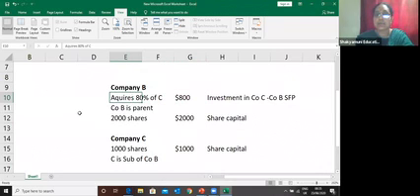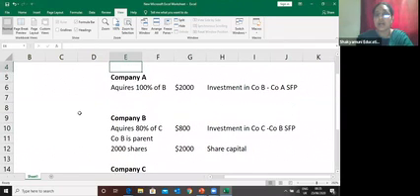Since it is held by company B, it is said to have control over company C. That is the reason why company B is a parent, company C is a subsidiary of company B. So company B also has share capital of 2000 and this entire share capital, 100% of the shares, are held by whom? 100% of the shares are held by company A.